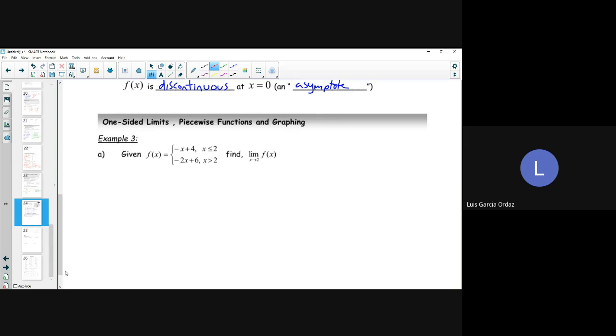We want to find the limit of f of x as x approaches 2. So what is it that we have to do in this case? What do you guys think we have to do? So we have two functions, so it's a piecewise function, and we have to figure out if there is a limit as x approaches 2 for this function.